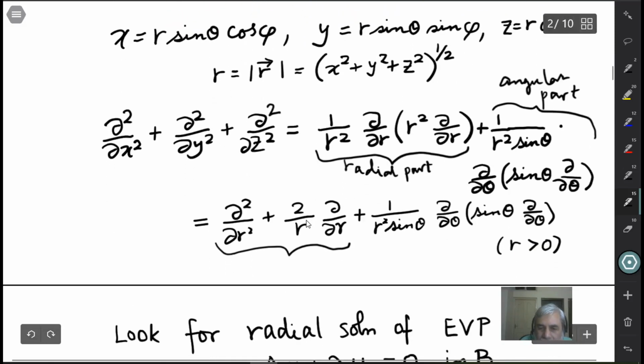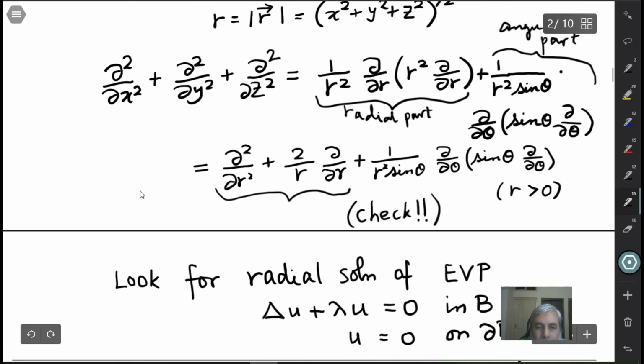In case there is a possibility that the theta and phi variables might have got interchanged, you just check that. Okay, so it's just a good exercise in differentiation. So express this left hand side operator in terms of r, theta, phi.